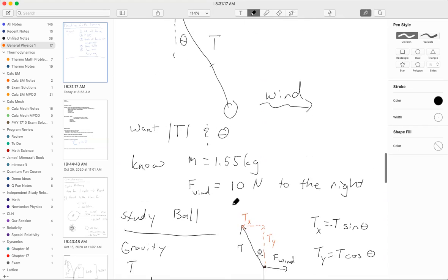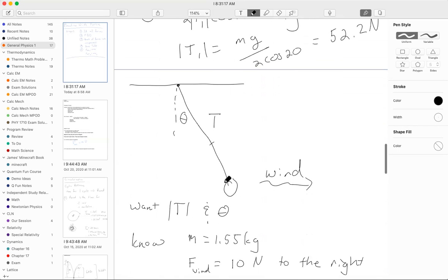So now, in the situation, the ball, maybe I should have said this. Again, this is an equilibrium. So basically the tension angle adjusts so that the ball just hangs there stationary. So that means the net force will be 0.